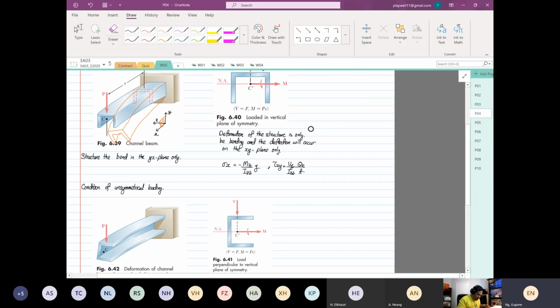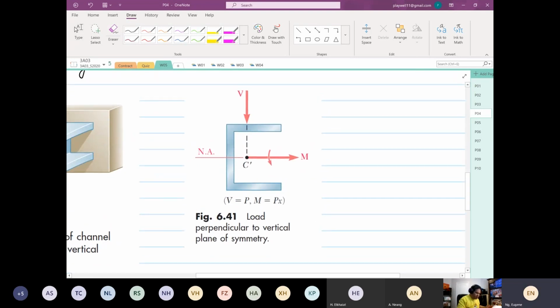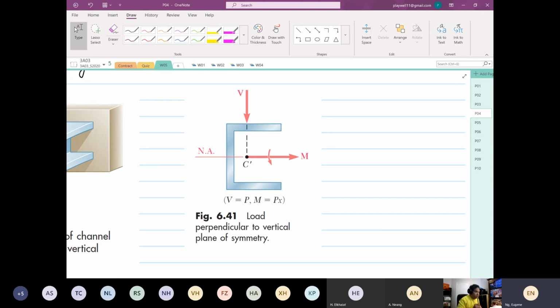If we look at the cross-section over here, which is a stiffer section from the centroid, the left-hand side or the right-hand side relative to the centroid axis? Left-hand side? Yeah. So if you look at this structure over here, where I'm shading now, this side has a higher stiffness.